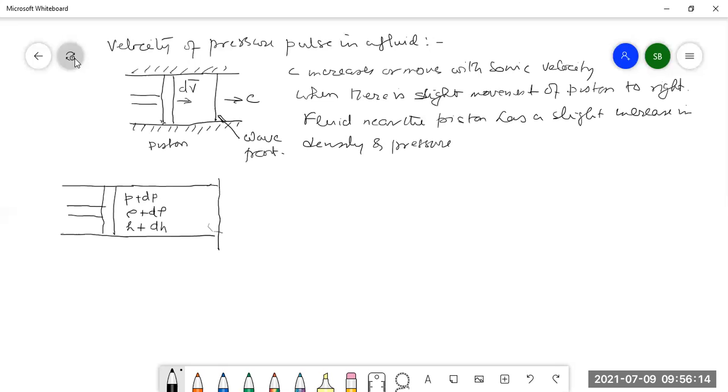This is our wave front. And this is P here, rho here, and H here.